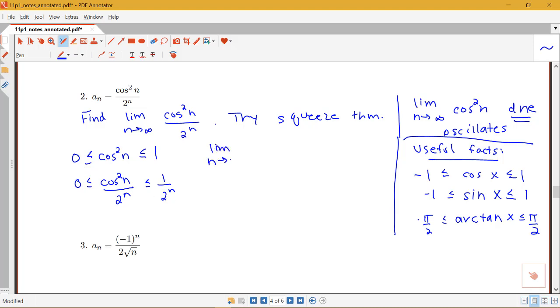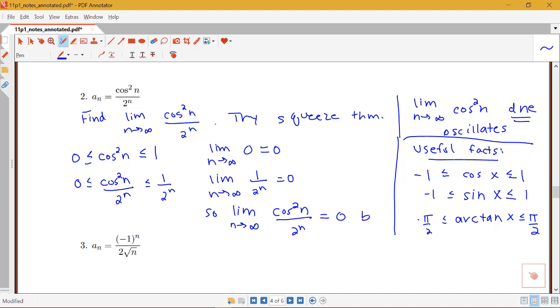We see that the limit as n goes to infinity of 0 is clearly 0. And the limit as n goes to infinity of 1 over 2 to the n is also 0. So that forces the sequence between those two, the limit as n goes to infinity of cosine squared n over 2 to the n, to also be 0 by our squeeze theorem.